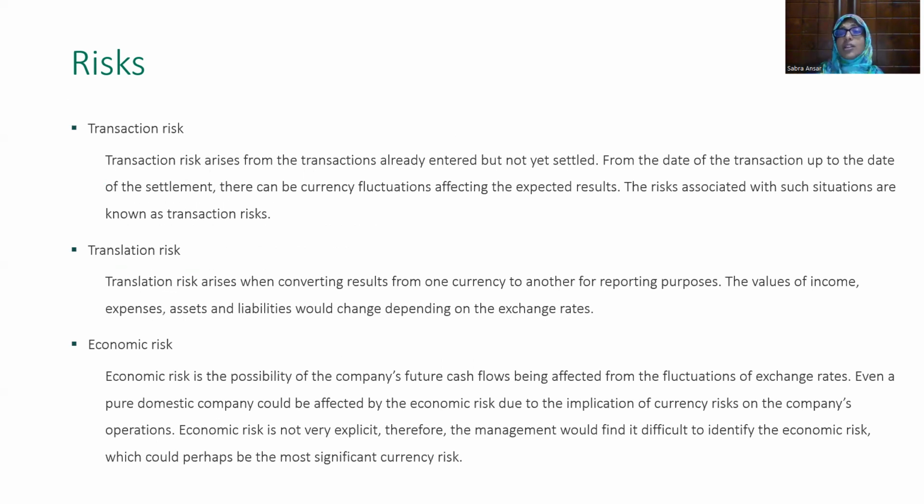This is the risk which arises from a transaction that has already occurred but is not settled. From the date of the transaction up to the date of settlement, there could be currency fluctuation, which will affect the expected results. This kind of risk is called transaction risk.